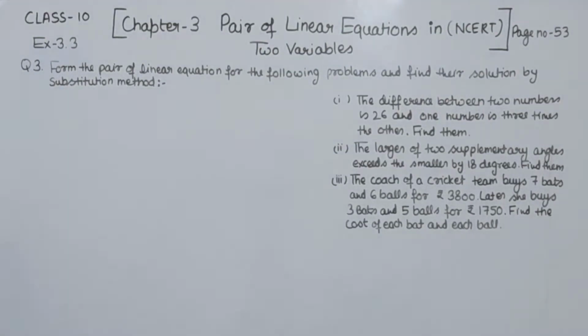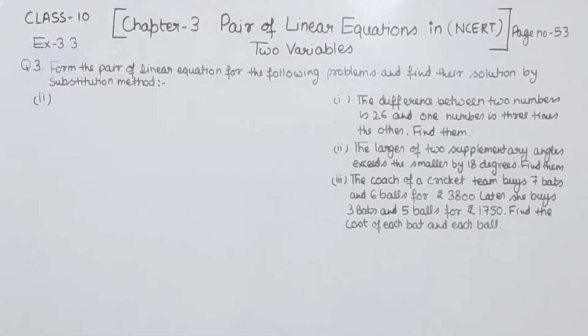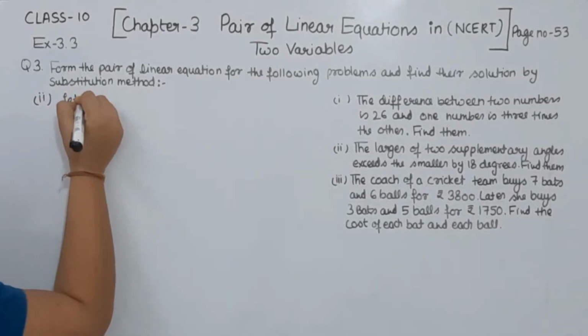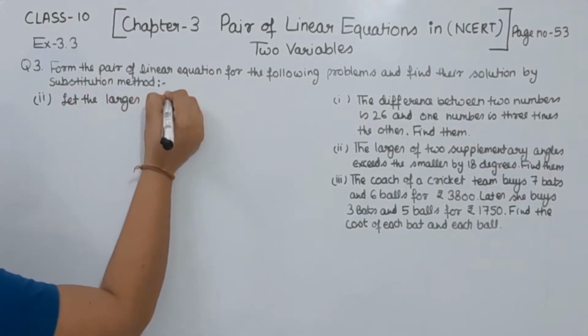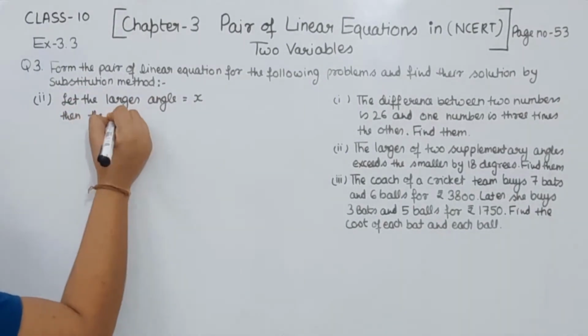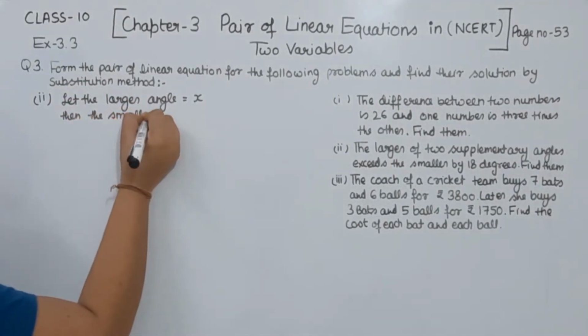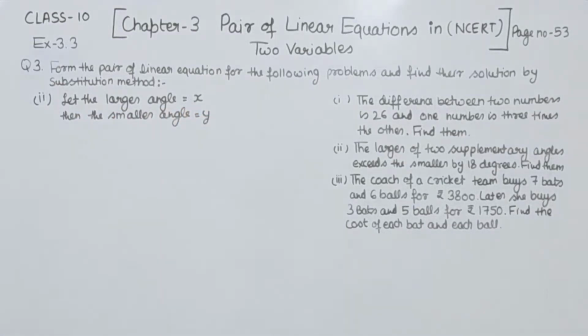This one we are having: the larger of two supplementary angles exceeds the smaller by 18 degrees. Find them. So first of all, in the second part, we are going to let the larger angle be x, then the smaller angle we are having as y.